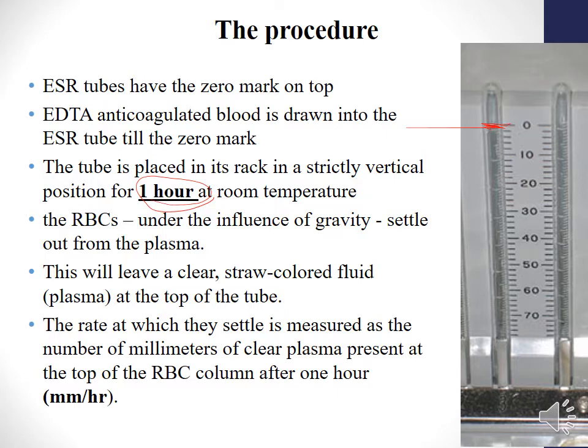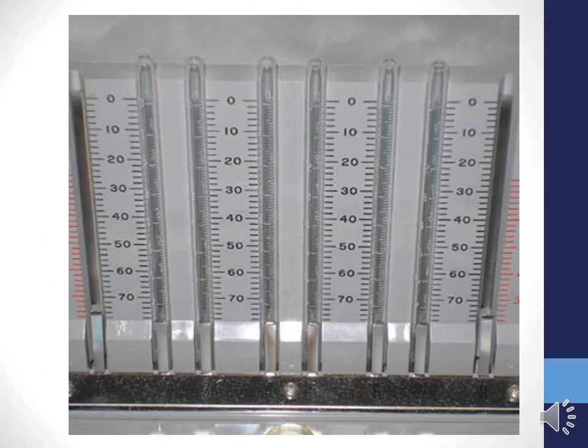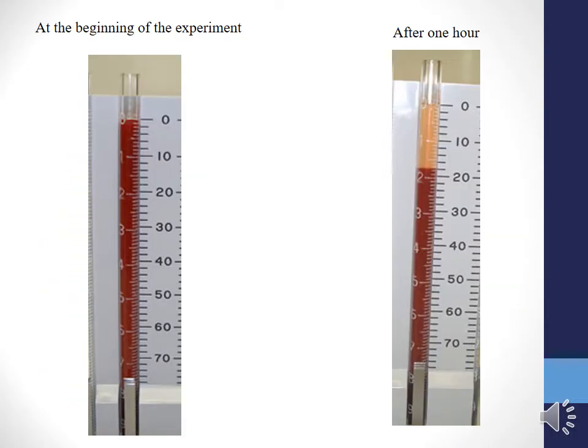I will show you a picture now. Okay, so this is at the beginning of the experiment. We put the blood into the tube up to the 0 mark, and then we leave it for 1 hour. After 1 hour, you will see that there is a part of the blood, this part, it became clear of RBCs because the RBCs have settled down. This is plasma only. Okay, so we will take the measurement.